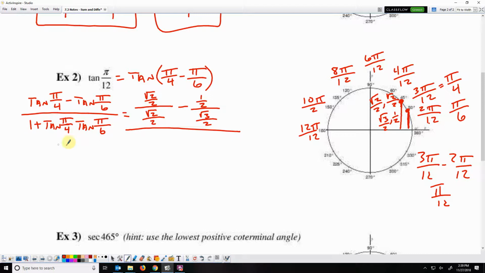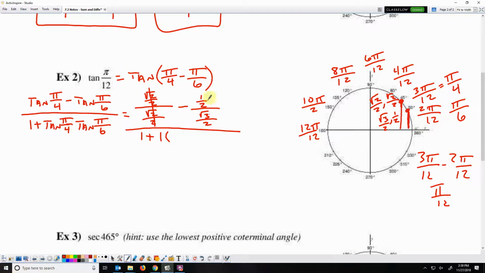And that's all over 1 plus tangent at pi over 4, which is this, times tangent at pi over 6, which is this, but when I rewrite it down here, I'm going to put the simplified form. So the tangent at pi over 4, root 2 over 2 over root 2 over 2. That cancels. That's 1.